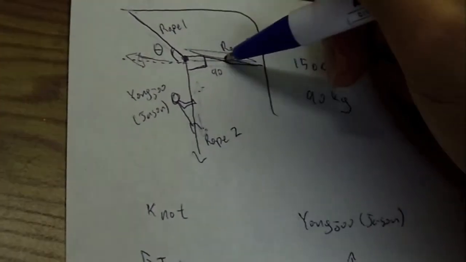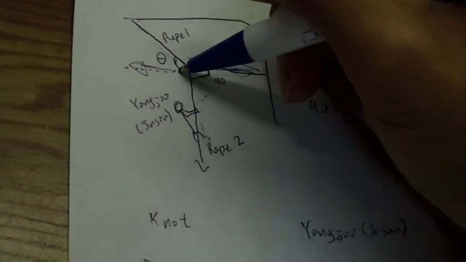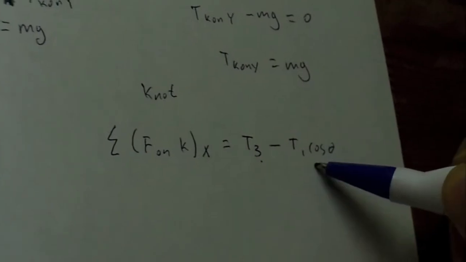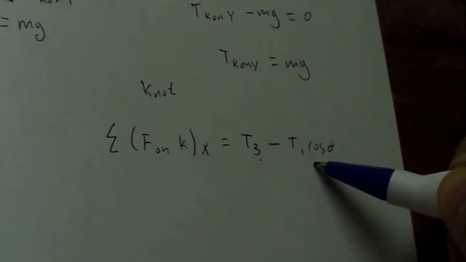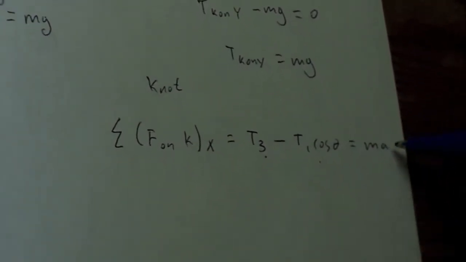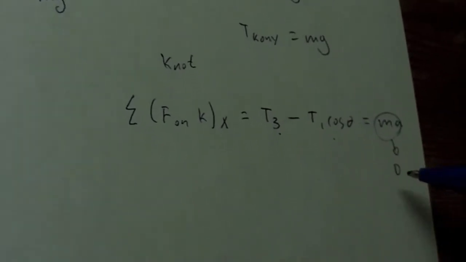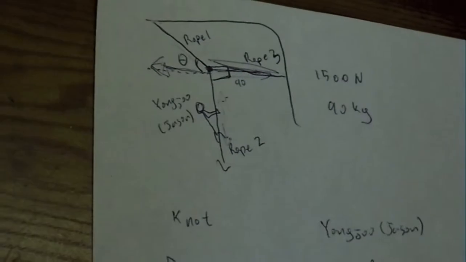Because one force is going this way and another force is going the other direction, we subtract, because this is going to the right and that's going to the left, which is going to be ma. This is also going to be 0 because once again it's not moving.